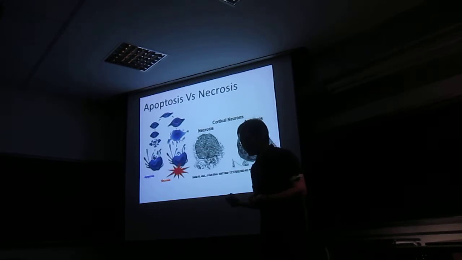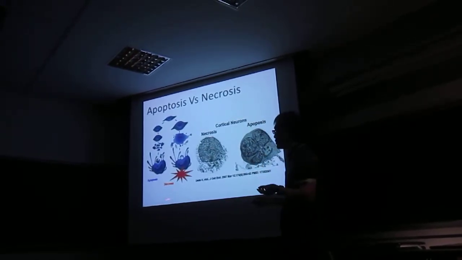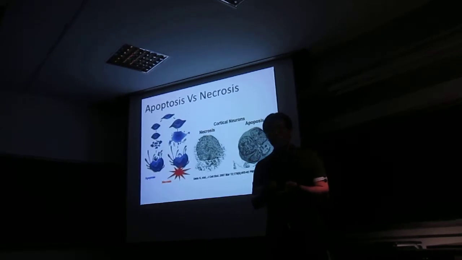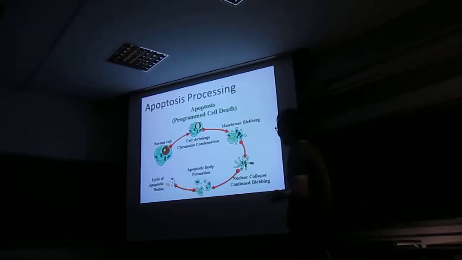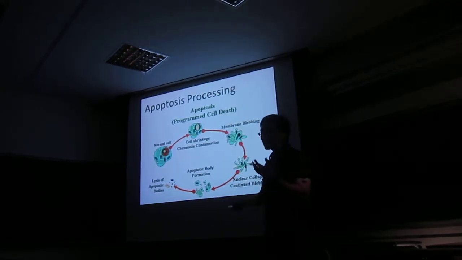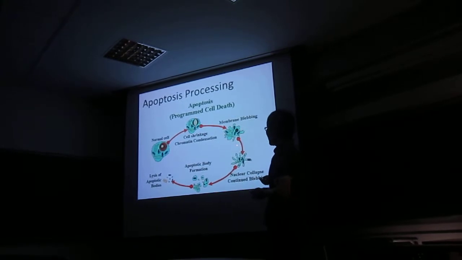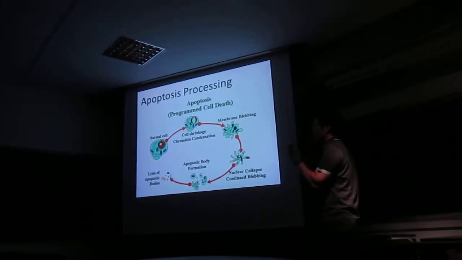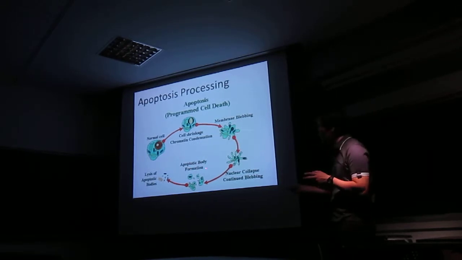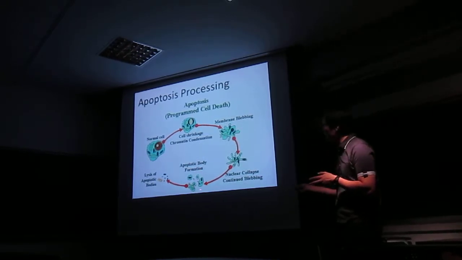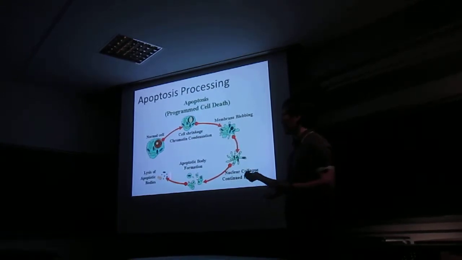In other words, your neuron cells continuously go through the apoptosis process, and now you have only 50% of them. When your cells go through apoptosis, they shrink, and then the membrane forms nodules we call apoptotic bodies, and then the lysate will be absorbed by the neighboring cells.